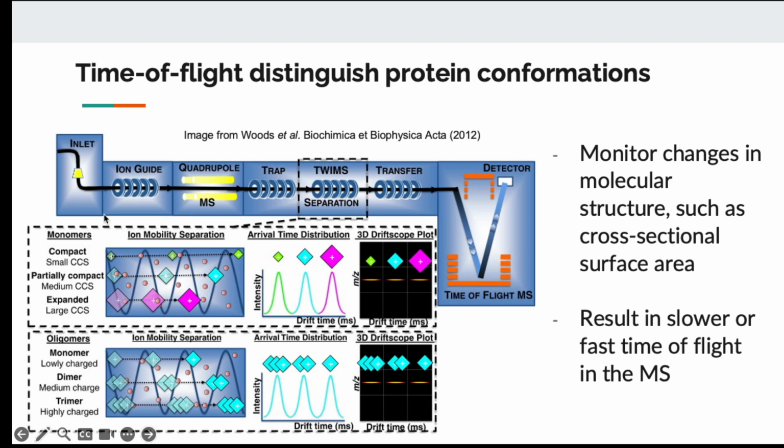The size of the protein can change the amount of time that it takes to flow to the mass spectrometer. So this time of flight technique can also be used to distinguish changes in protein conformation for the intact protein, or the polymerization of the protein, by seeing the time it takes for the protein to flow through the machine. Okay. So just to give you an idea that we can also adapt mass spectrometry to study different aspects of the protein, not just the expression level.